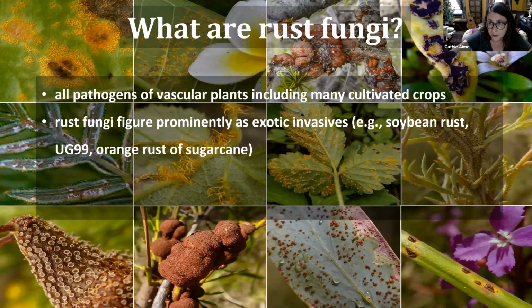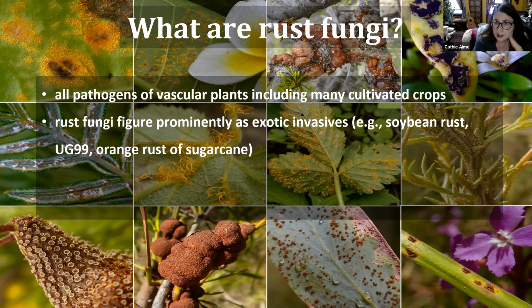So the rust fungi in general, they're all obligate pathogens of vascular plants. So that means they must have a plant host in order to survive. And this includes a whole lot of our really important, economically important crops, as well as forest trees, horticultural crops, agricultural crops, etc. So there's a great need to study these from an agricultural perspective.